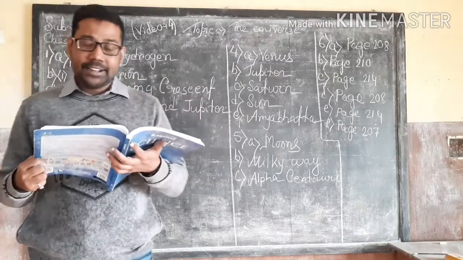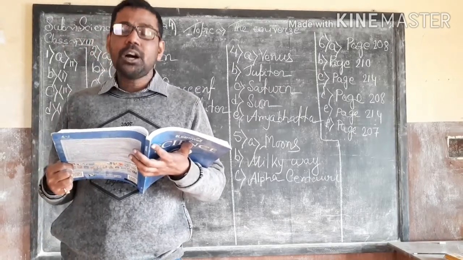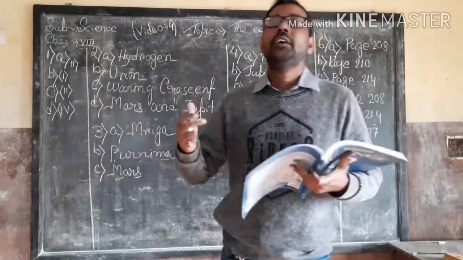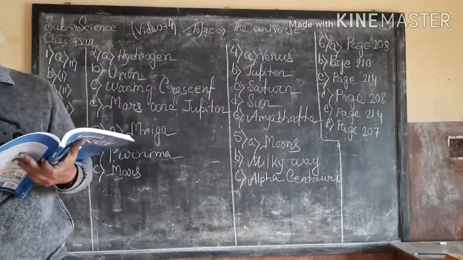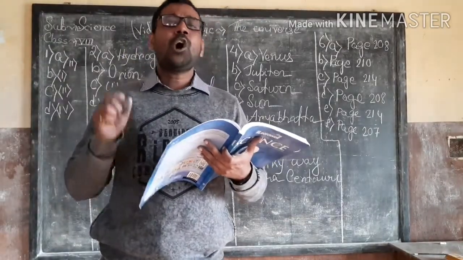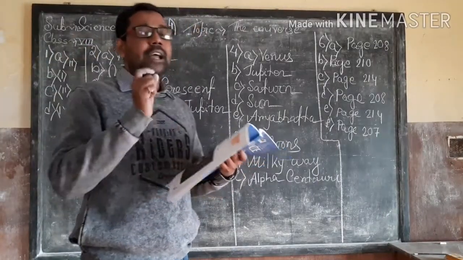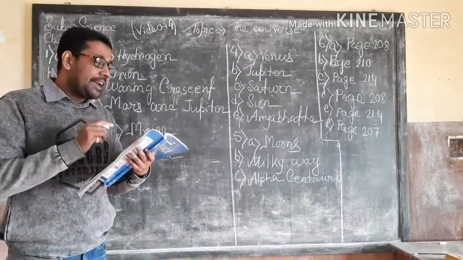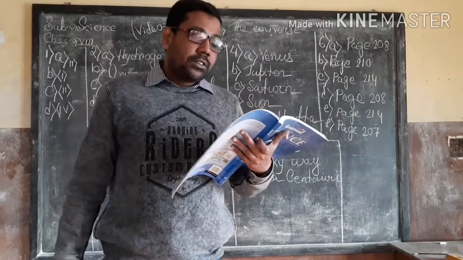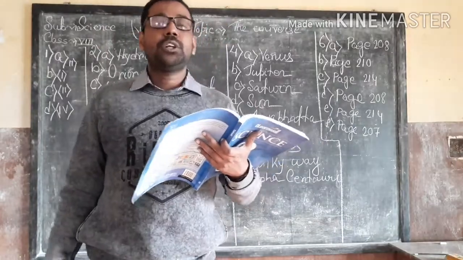The sun lights up a different part of the moon as it revolves around the earth. That is why the moon looks a different shape every day. Write down this line, which is present under the phases of the moon.